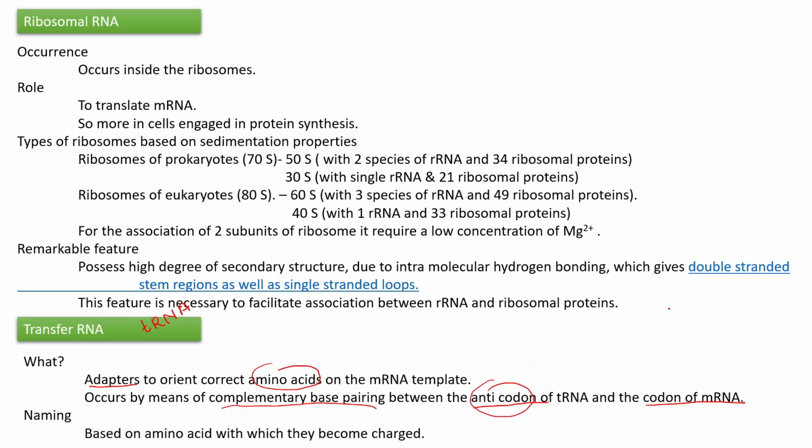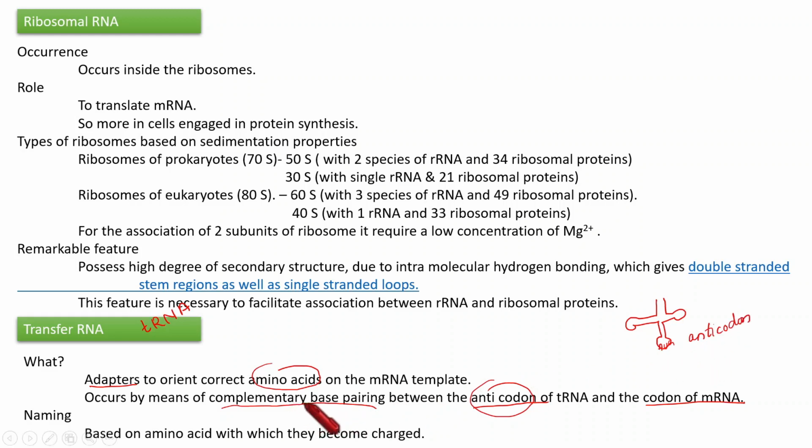Anyway, for this moment, I am simply telling you, suppose this is a tRNA, and in this tRNA, three bases will be there. So many other bases are present in other regions, but specifically those three bases that we can locate here at this end are called the anticodon.